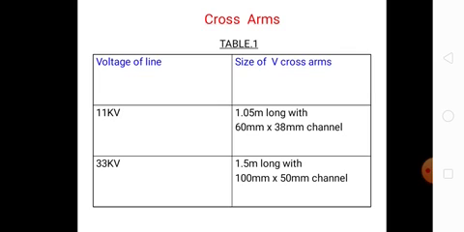For different voltages we are using different cross arms. For 11 kV the size of the cross arm is 1.05 meter long with a 60 mm by 38 mm channel, and for 33 kV it is 1.5 meter long with a 100 mm by 50 mm channel. So the higher the voltage, the larger the size of the cross arm should be.